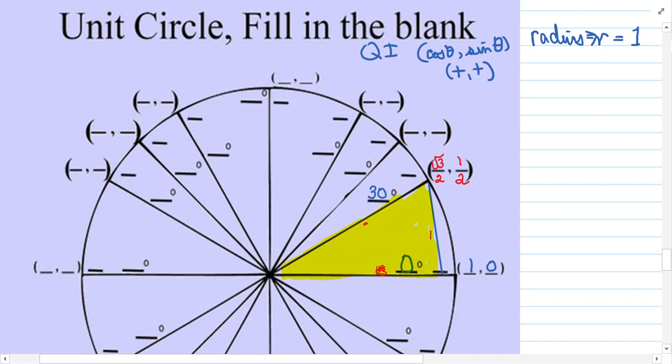For the 45 degree, I would have the line coming down, creating my right triangle there. And I would have this 45 degree angle. And we would see that x is smaller and y is larger.